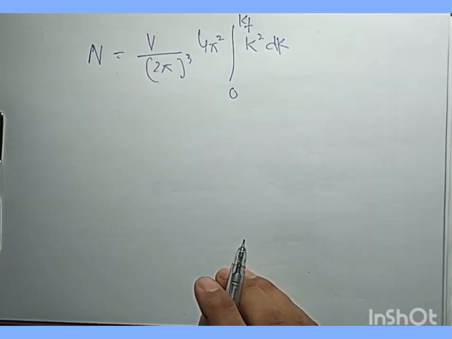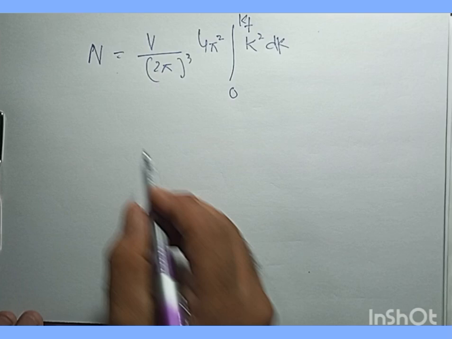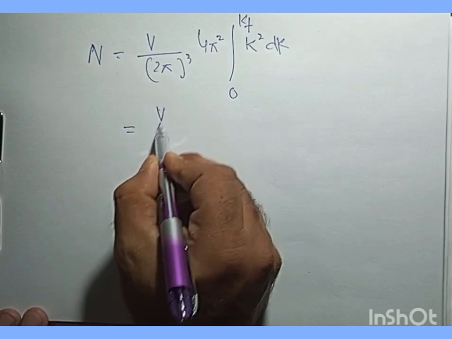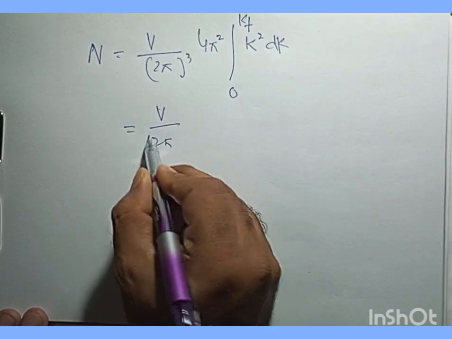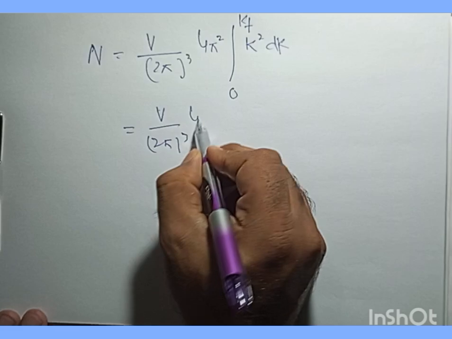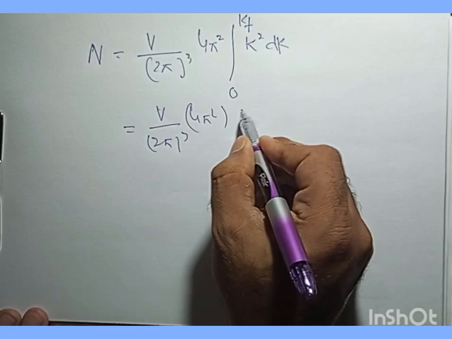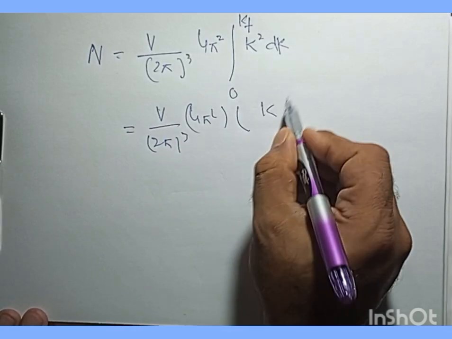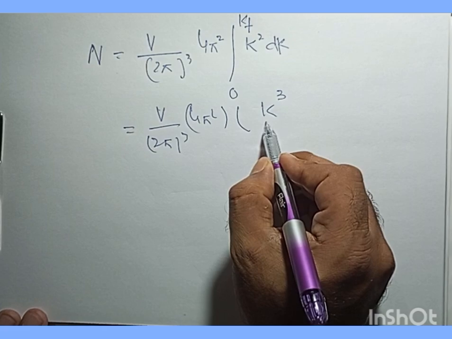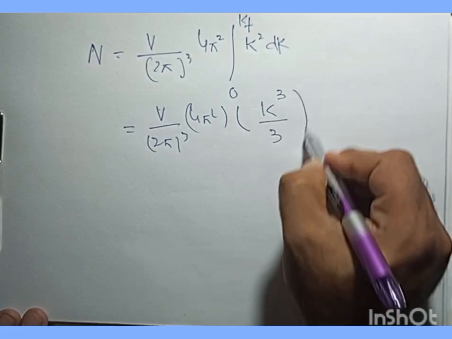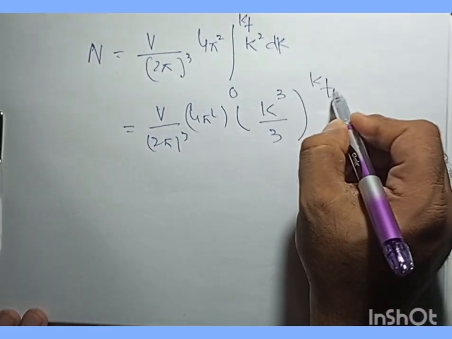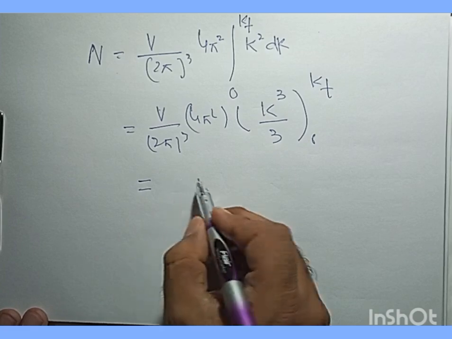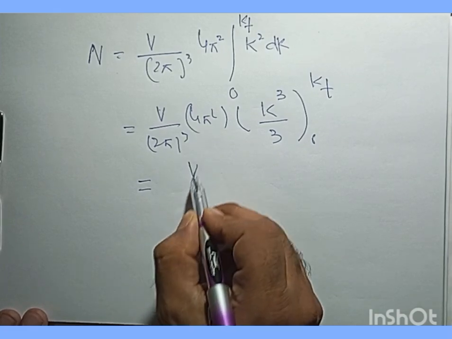Now we can do this. This is V by (2 pi) whole cube, then we have 4 pi, and then k to the power of 3 divided by 3 from 0 to kF. With the upper limit, we will have cancellations.